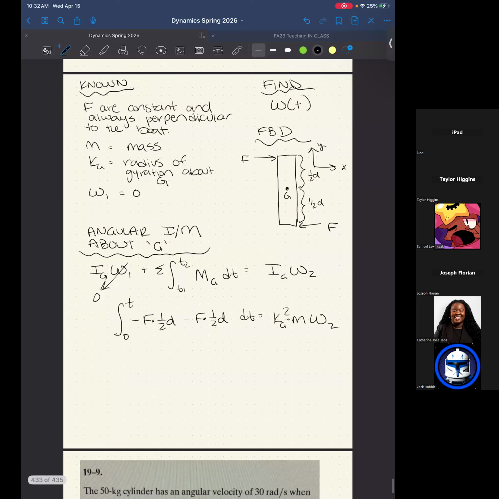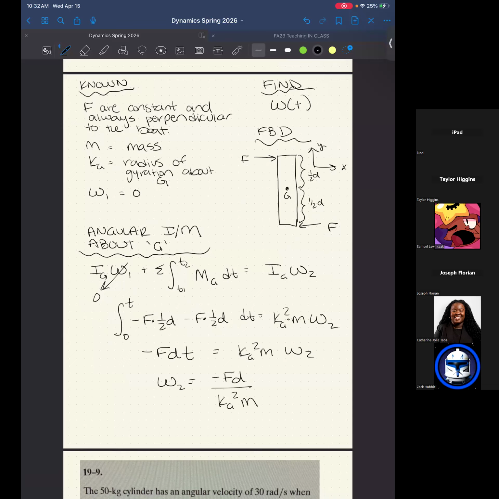So this should just be minus F d t equals kg squared m omega 2. So omega 2 is minus F d t over kg squared m.